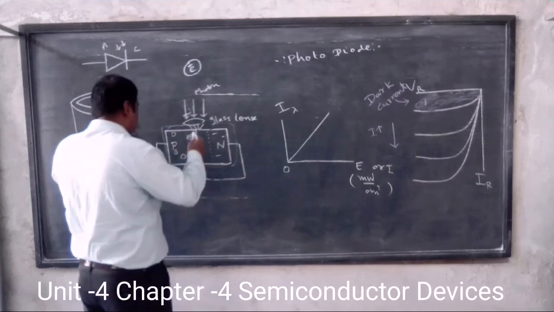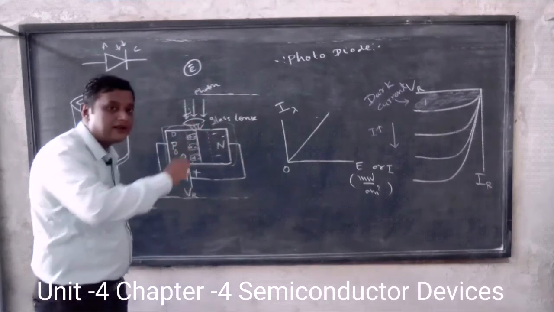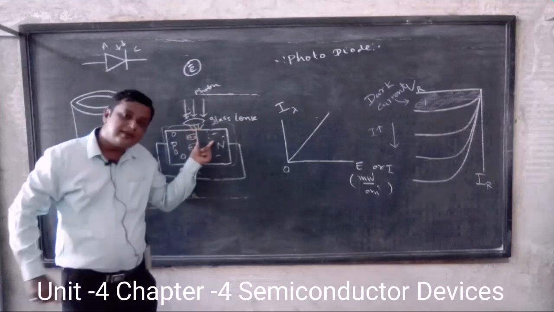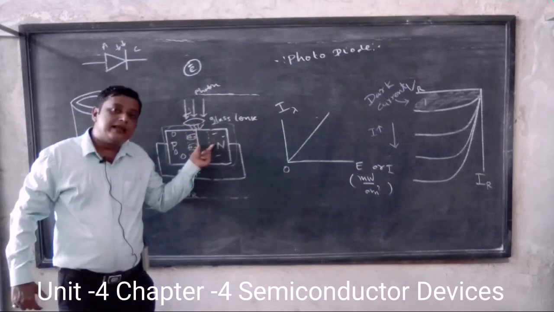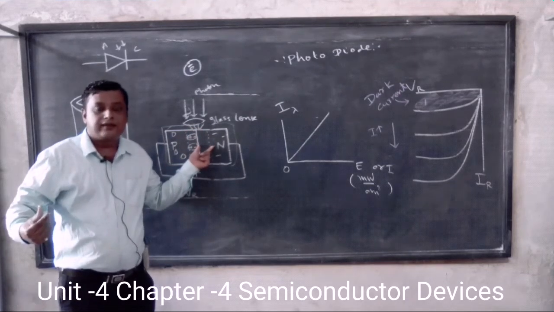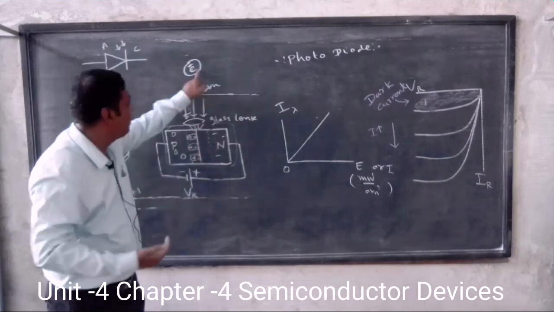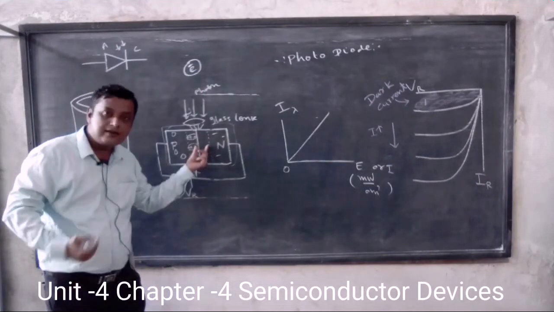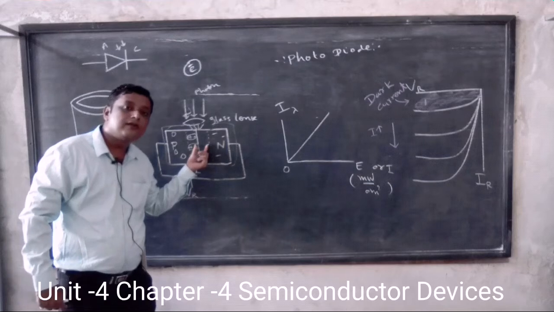So whenever light energy is falling onto the depletion barrier, there is recombination of electrons and holes. So I am drawing one electron hole pair.